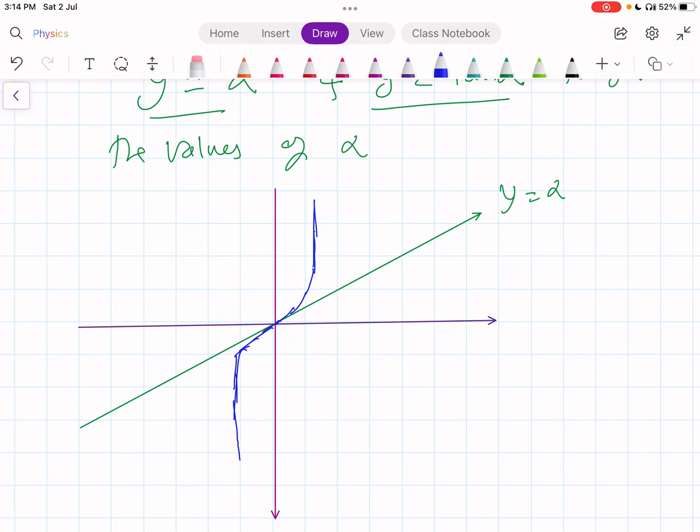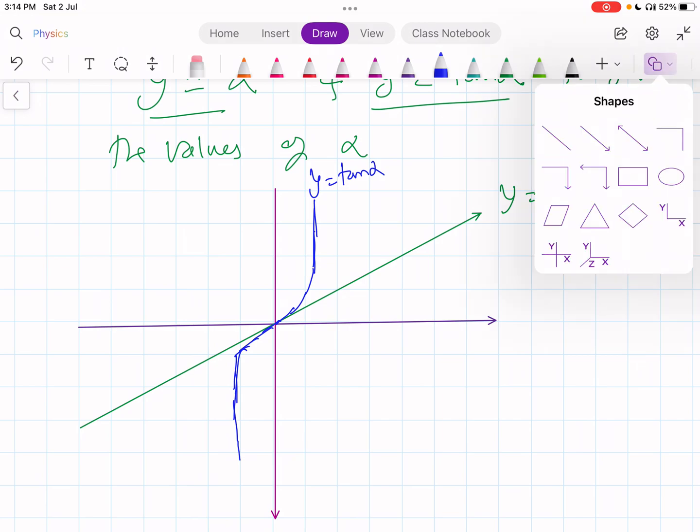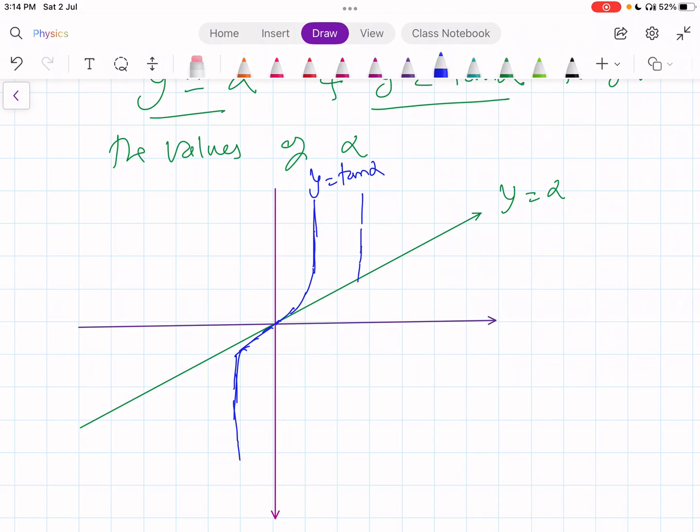This is y equals to tan alpha when alpha is 0, and this is y equals to tan alpha when this alpha is 3 pi by 2. This is alpha over here.